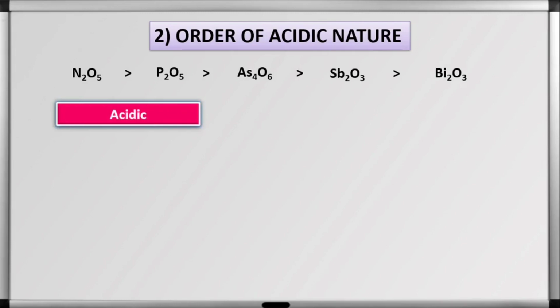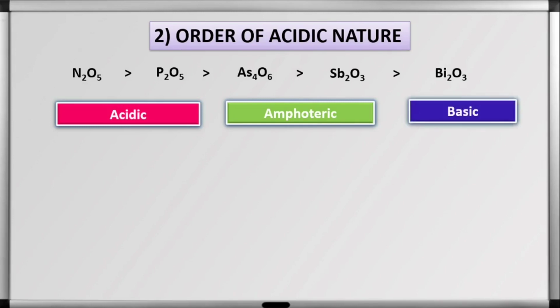Already we looked at the note in the previous point, that higher oxidation state oxides are more acidic in nature. So these are the more acidic. These are the trioxides, that is arsenic trioxide and antimony trioxide are amphoteric in nature, and bismuth trioxide is basic in nature. Predominantly, as we looked at in the last point.